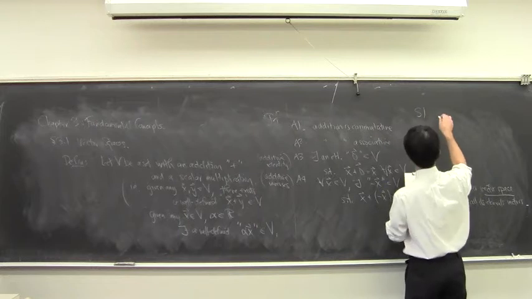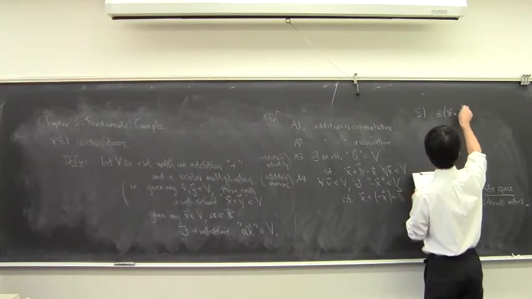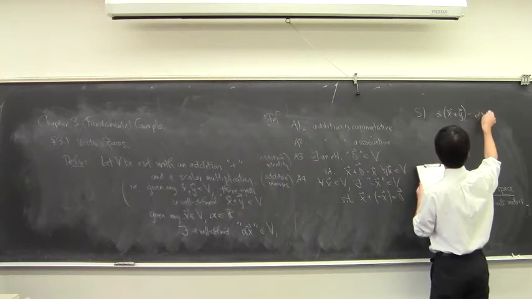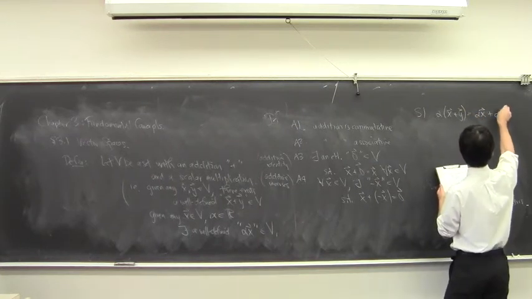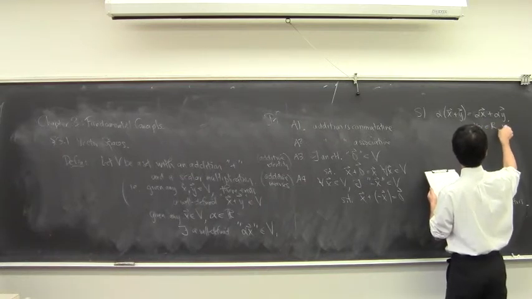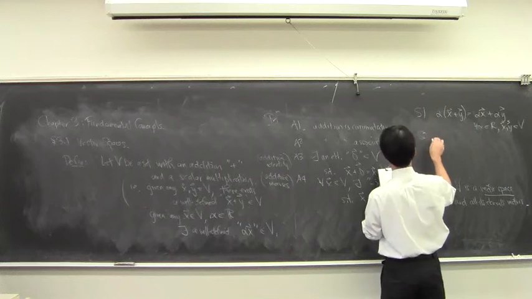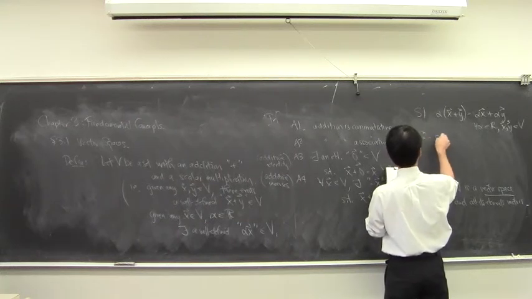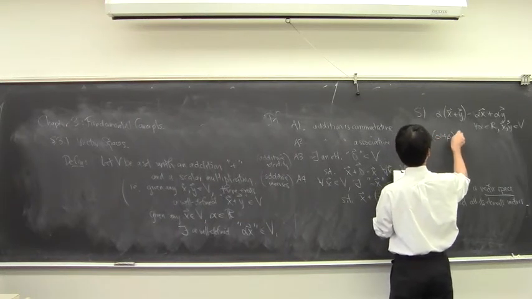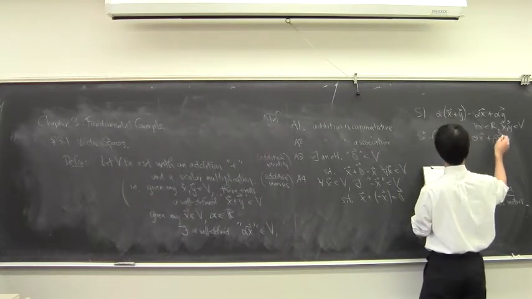If alpha times a sum, the scaling of a sum, is the sum of the scalings for all alpha in R, x, y in V. If alpha plus beta, x equals alpha x plus beta x.